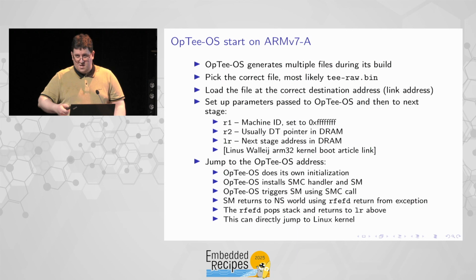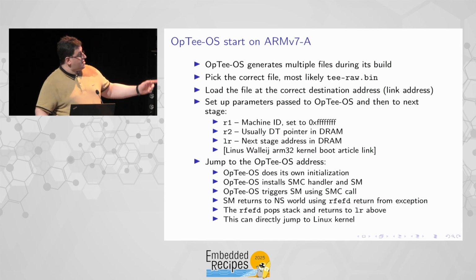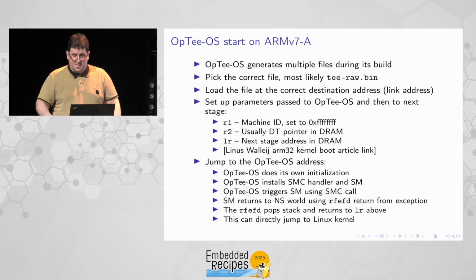So when OpTee-OS does its initialization, when you jump to it, the initialization will look something like this. It does its own internal state initialization, initializes its drivers. When it's done doing all this initialization, it triggers the secure monitor on ARMv7a.